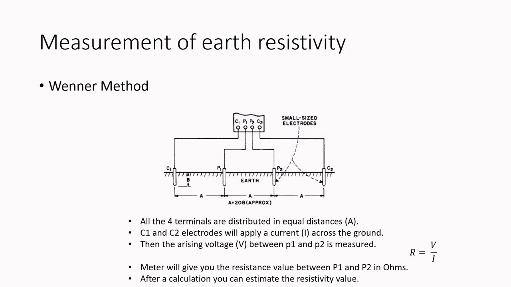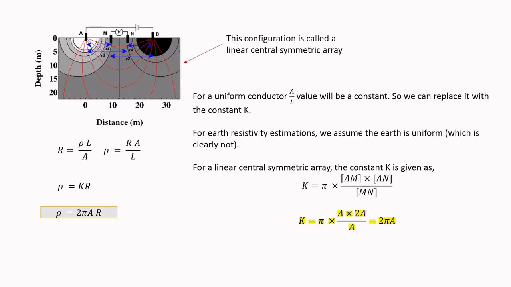Now we are going to see how this resistivity is calculated. This is the same configuration, but with different notation. In geology, this configuration is called a linear central symmetric array.